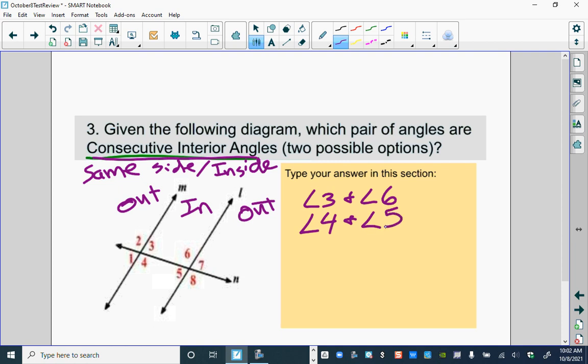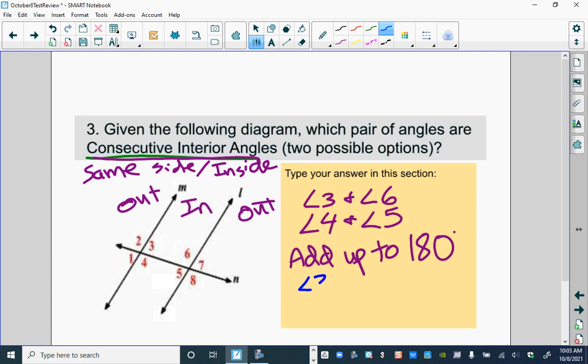Now, if the angles are consecutive interiors, what's the relationship? They add up to what? 180. That's right. And some of us on our quiz struggled with knowing that these two angles add up to 180. So yeah, these guys add up to 180.